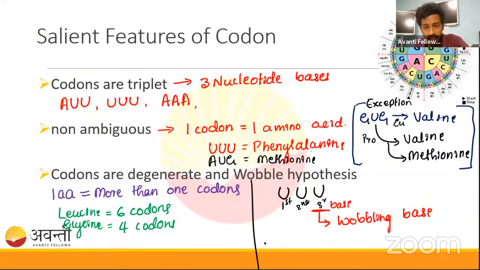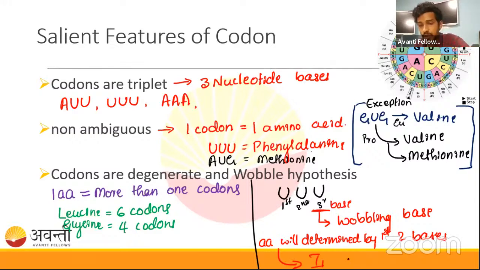So the amino acid will be determined by the first two bases, and the third base is not so important, but remember, only in some codons. Why am I telling you only in some?